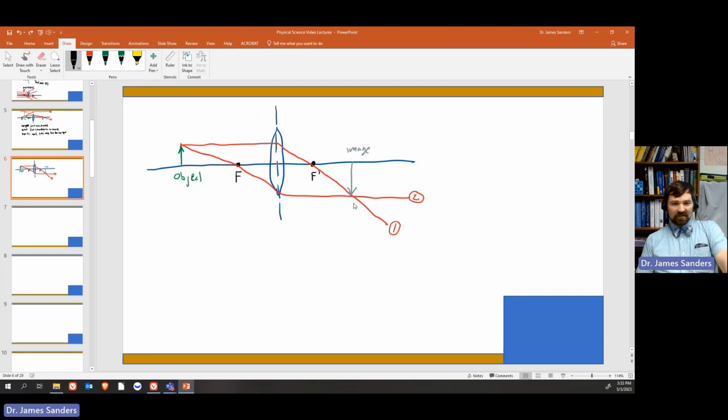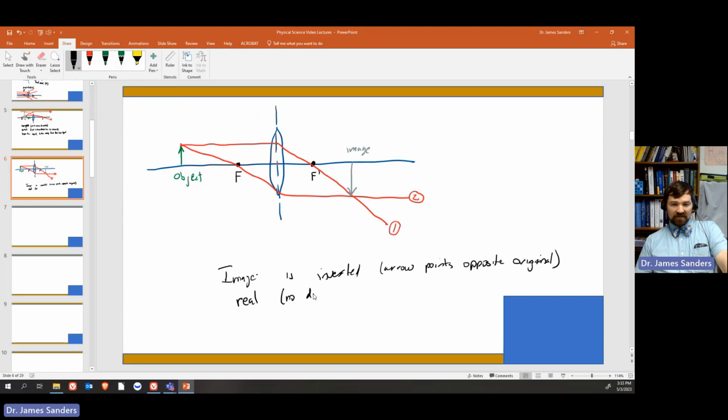But let's describe what this image has done. The image is inverted. So the arrow points down, or in the opposite direction from the original object arrow. This one's up, this one's down. It is real.